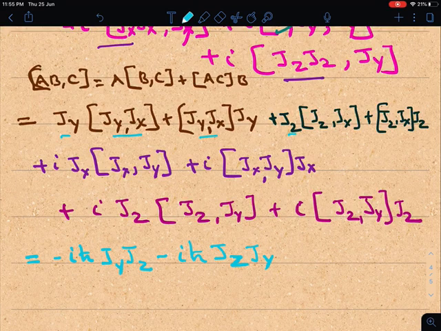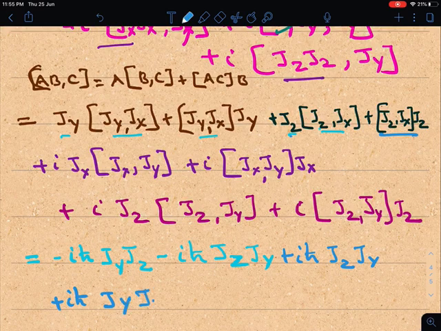Again here, looking here, you have the Jz term. This is an even permutation, zx, so it will be plus i h cross Jy. Plus i h cross, it is Jz Jy. Again for this it will become zx, again an even permutation, plus i h cross, it is Jy Jz.